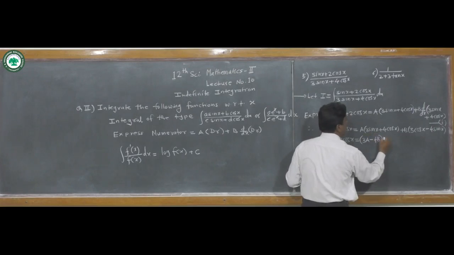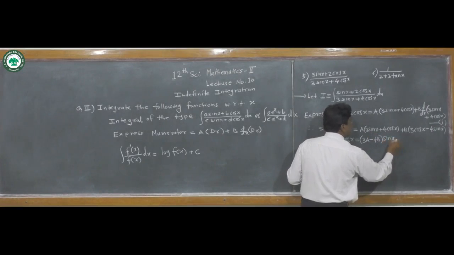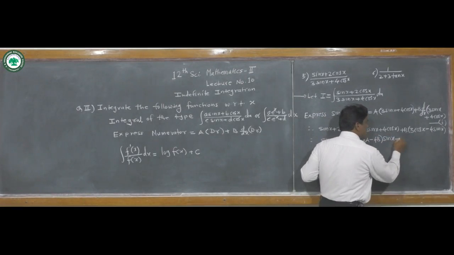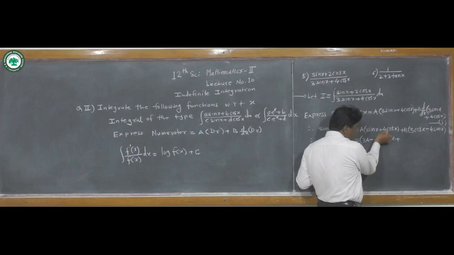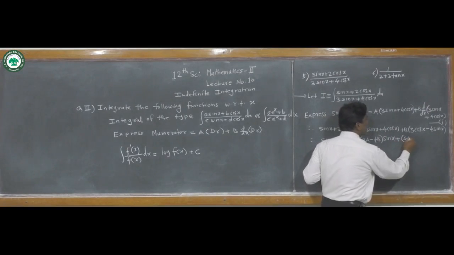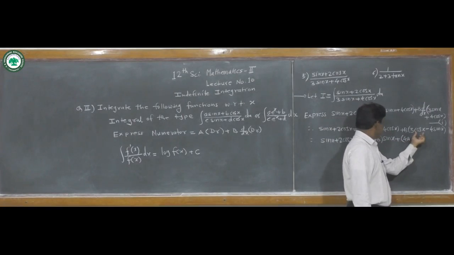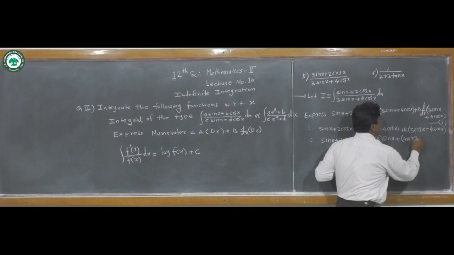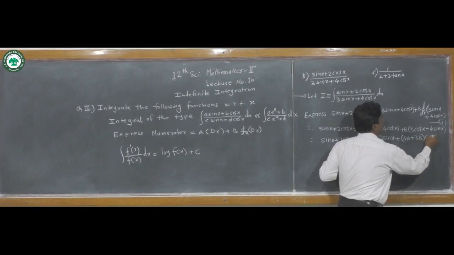So we write (3a minus 4b) into sin x. Now collect the coefficient of cos x. Here the coefficient of cos x is 4 into a, so 4a, and 3 into b, so (4a plus 3b) into cos x.